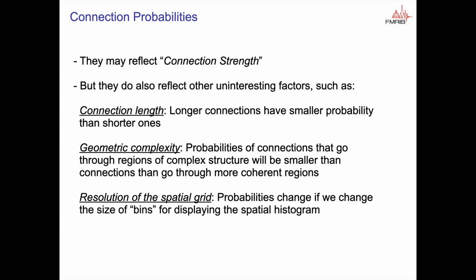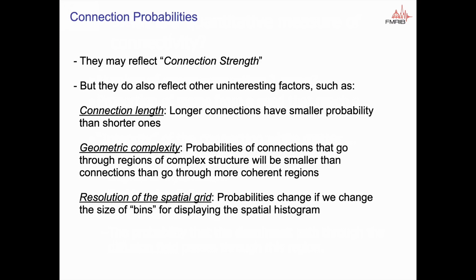Similarly, how crossing fibers behave might influence how well we can reproduce a specific tract. The stronger the tracts a specific tract crosses, the fewer streamlines you will be able to actually reproduce. And finally, even technical details, such as the resolution at which we try to measure this path probability map, will affect what our final image looks like.